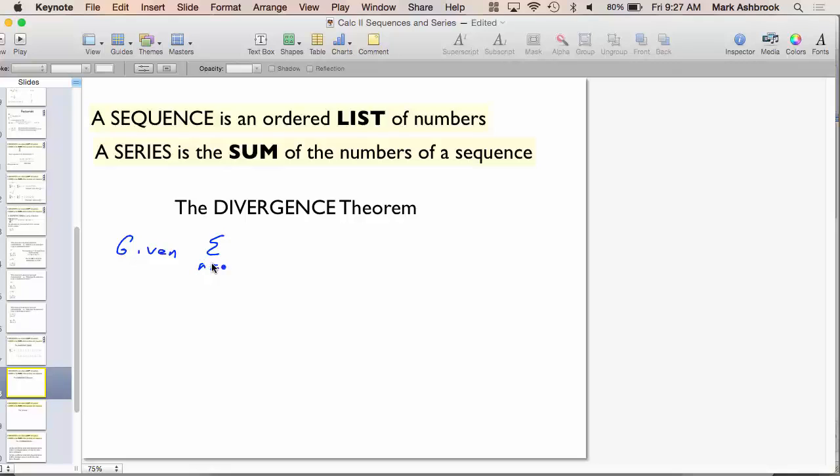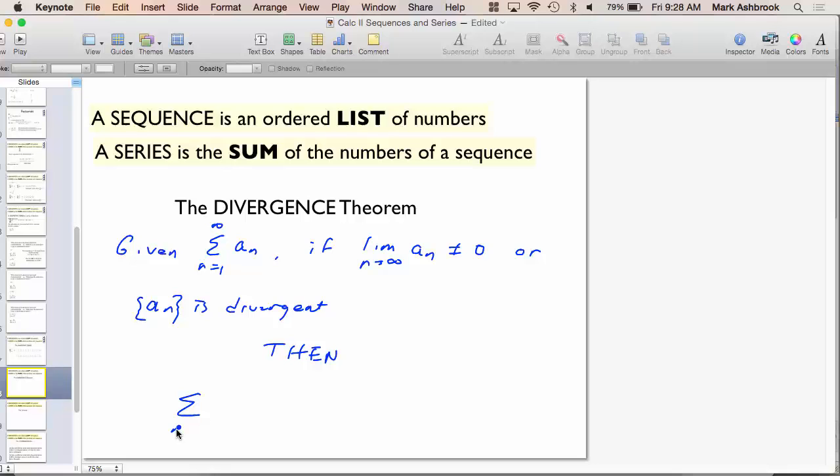Given a series, if the sequence, so I'll use limit notation this time, if the limit of the sequence is not 0, like we just saw, it was 1/3, or... okay, and this has to make perfect sense in your brain, not something you memorize.